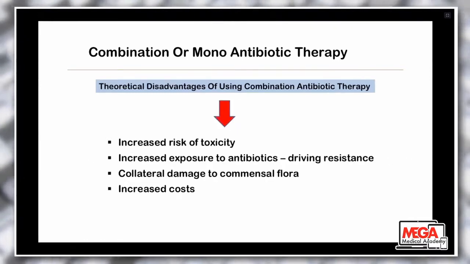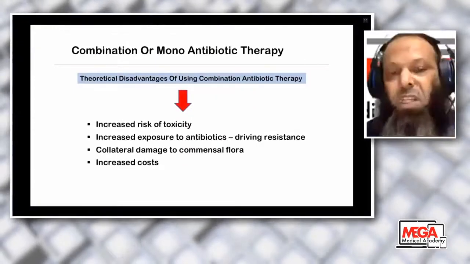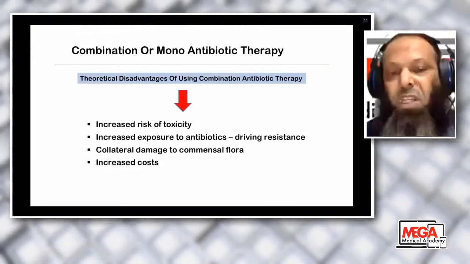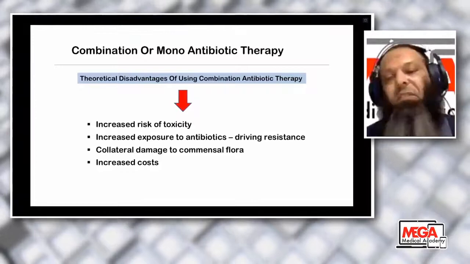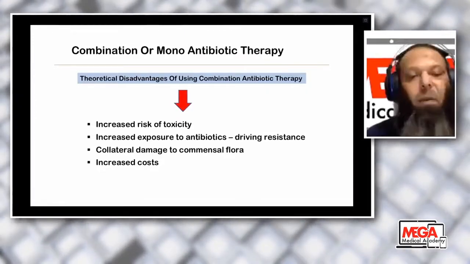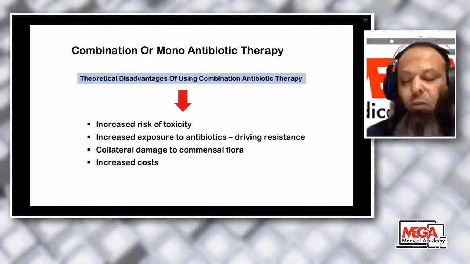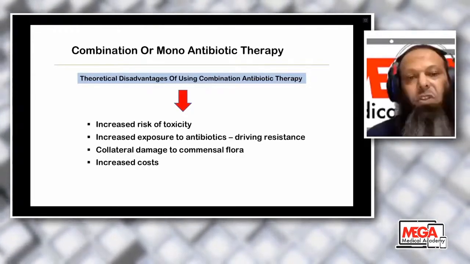But what are the theoretical disadvantages? Increase the risk of toxicity, renal failure or liver failure, increase the exposure of antibiotics, also driving resistance, collateral damage to commensal flora, and of course, increase the cost.